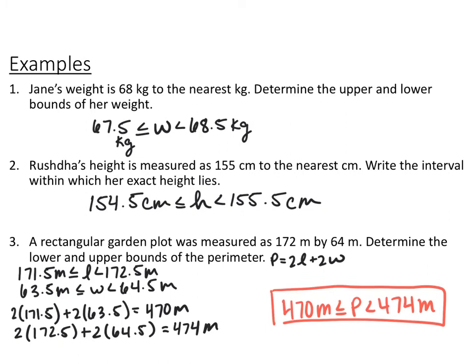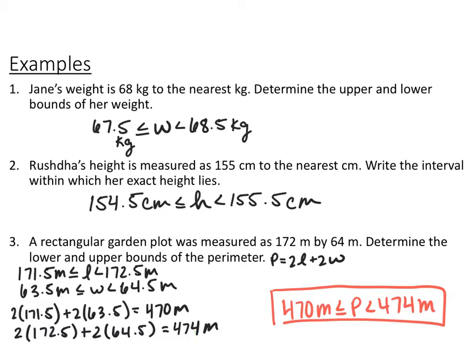So then I found the smallest possible perimeter, which would be assuming the smallest possible length and the smallest possible width. And I found that to be 470 meters. And then I did the same thing for the largest possible perimeter, which would be assuming that it's the largest possible in the interval for the length and the width, and got 474 meters.